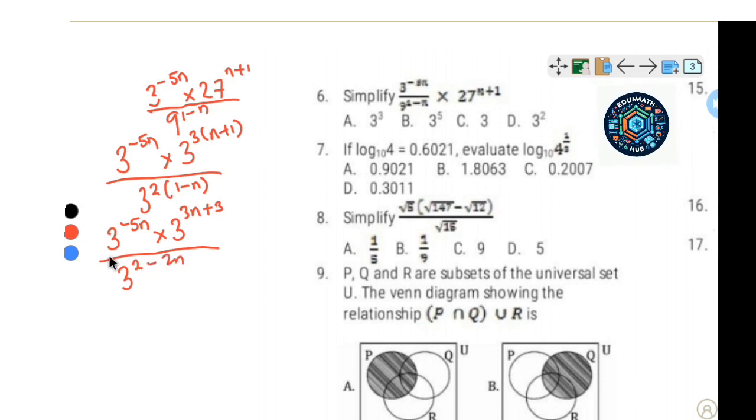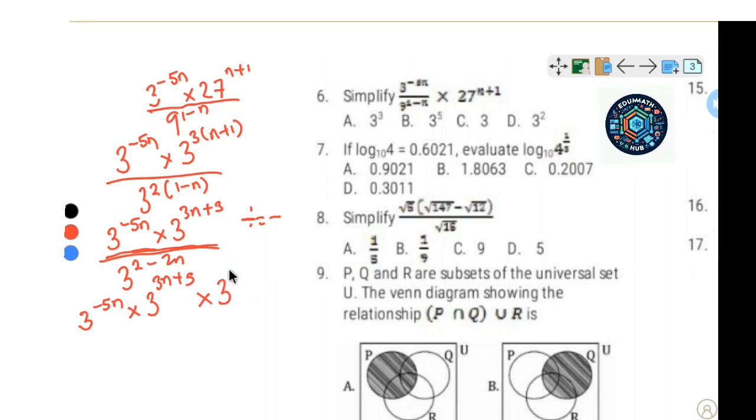Then don't forget, in indices division stands for minus. Okay, division stands for minus. So this is like subtraction. So let's just rewrite this. So you have 3 to the power minus 5n times 3 to the power 3n plus 3 times, now I'm reversing this, so it will become times. So I have to look for the inverse.